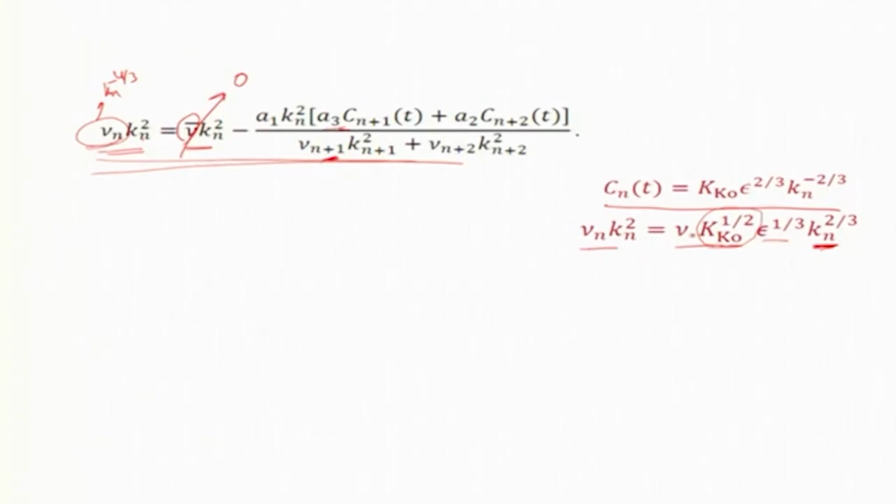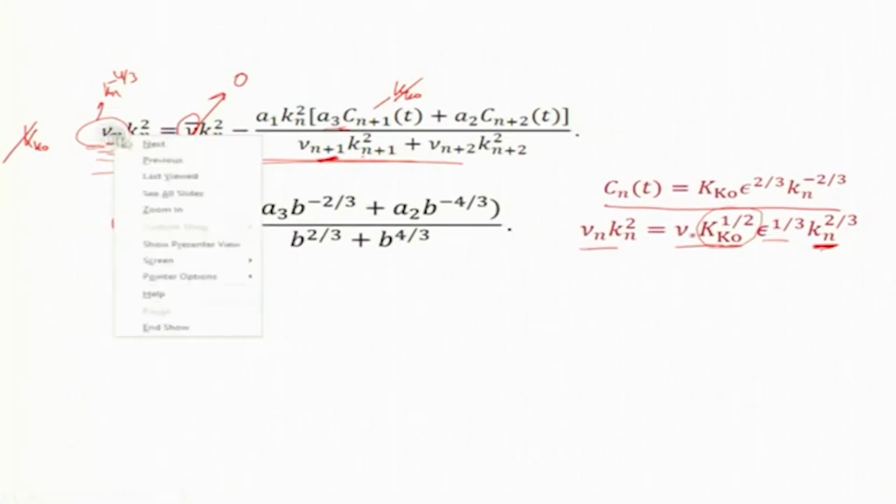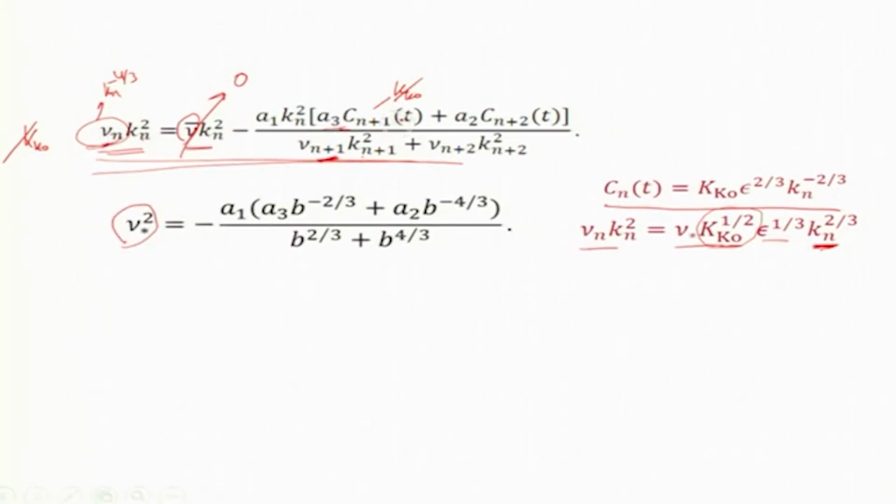So, the Kolmogorov constant gets cancelled, and we get only one variable, nu star. Okay. So, there is a nu star coming from here and a nu star coming from here, this nu star squared. Kolmogorov constant will be 1. So, this together will give you k Kolmogorov, and this also gives you k Kolmogorov, they cancel. Epsilon will also cancel, right. This epsilon 1/3, epsilon 1/3, epsilon 2/3 and epsilon 2/3 here cancel.